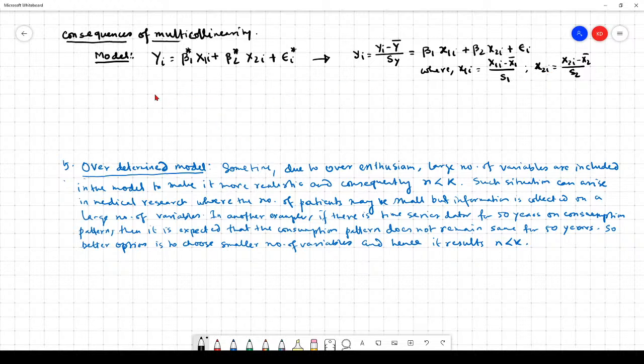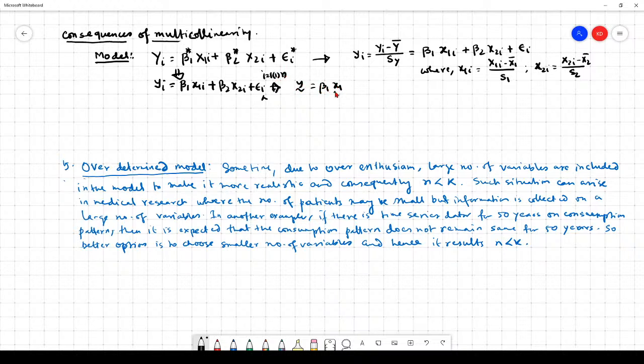Then if you look at this model, suppose I have an observation.